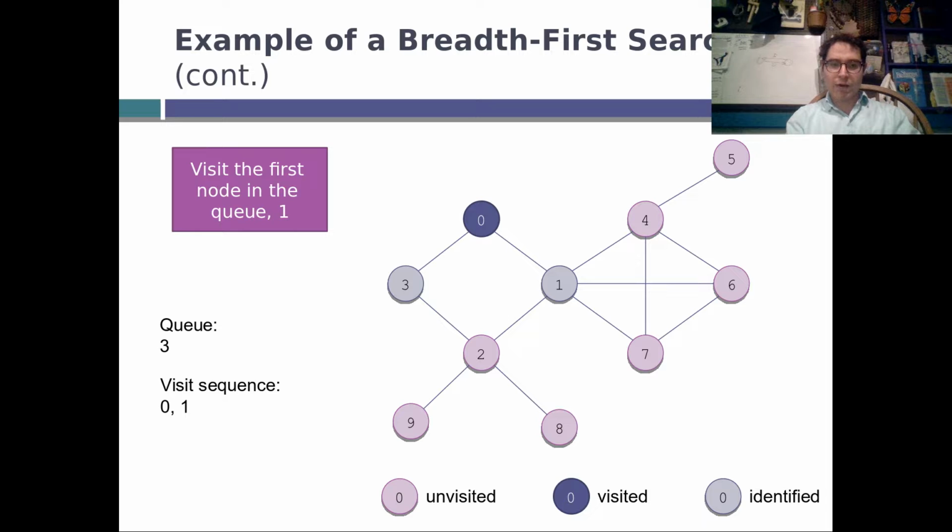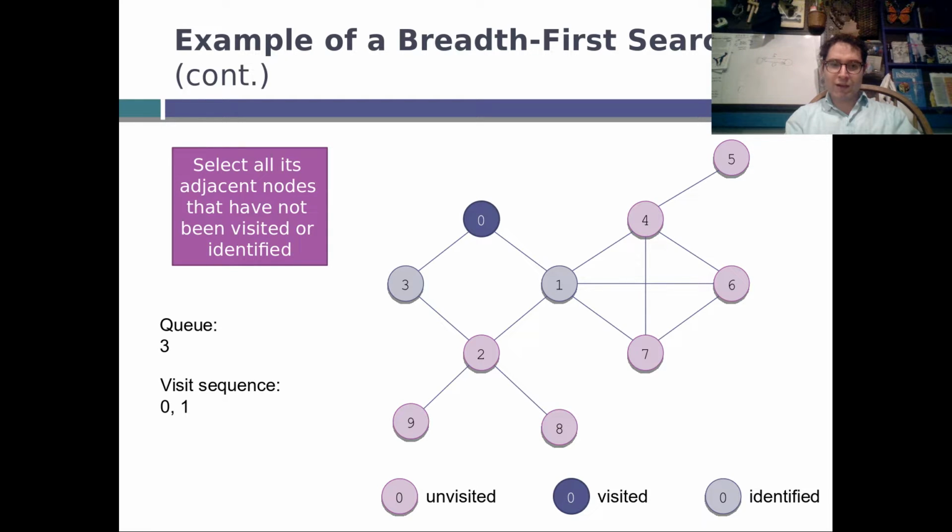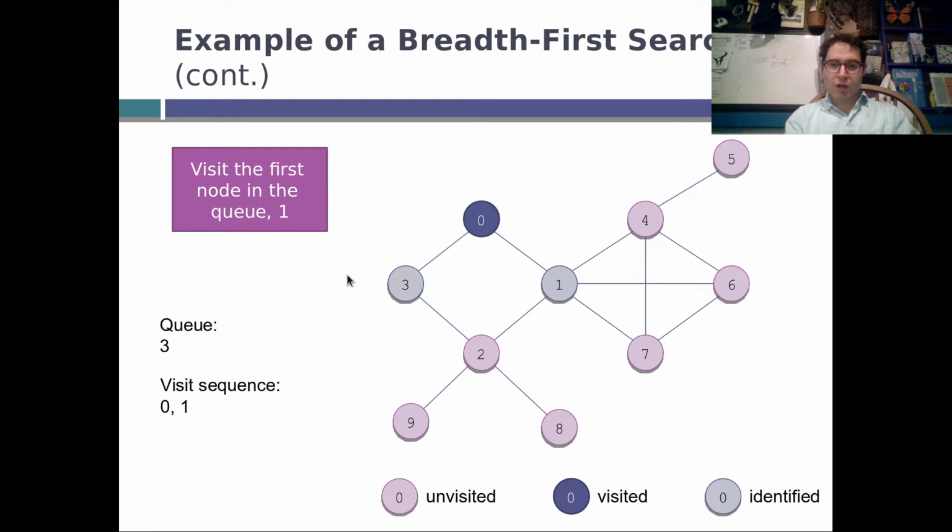Now we're at node 1, and we've added it to our visit sequence. Now we need to find out which of these nodes we haven't seen yet. Let's look at all my neighbors. I've seen 0. I've in fact been there. I haven't been to node 2, so I'll need to add that to the queue and mark it identified.